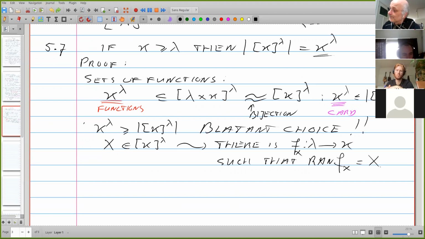There is even an injective function that does that. But given a set X, there can be very many Fs that do this.